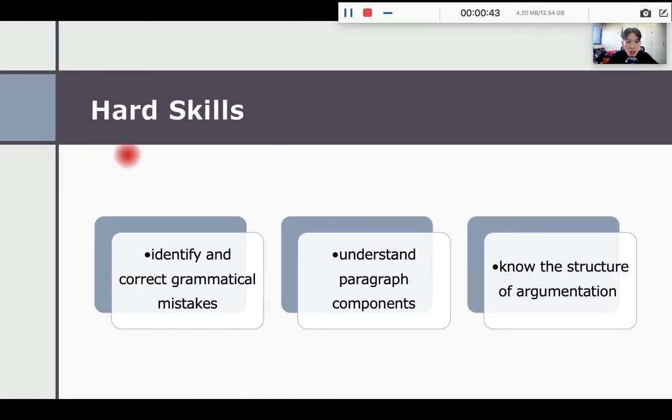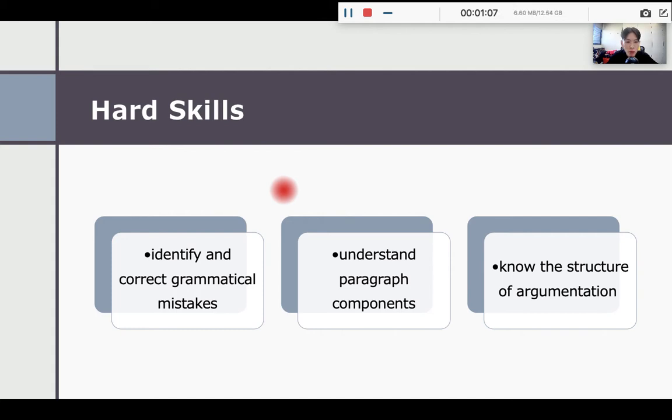When we mention hard skills, we mainly refer to these three abilities. First, the ability to identify and correct grammatical mistakes. When you read, are you able to identify others' grammatical mistakes and know how to correct them?